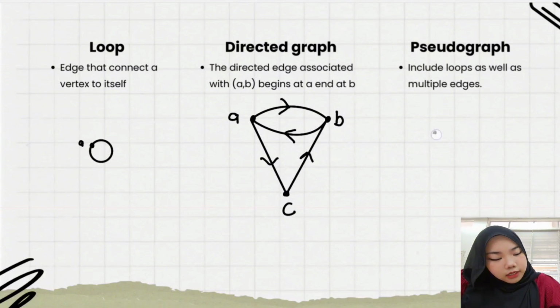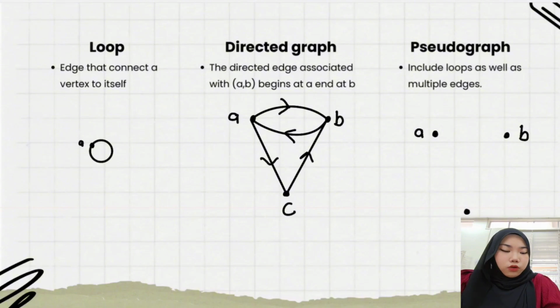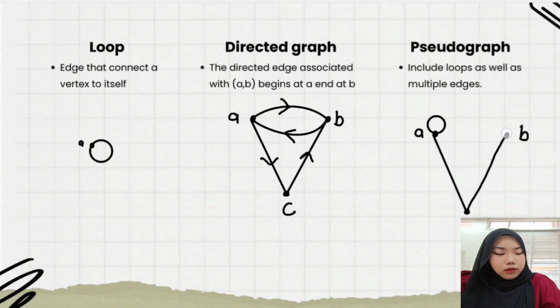If this is A and then B and then C, so include loops. Loops mean like the first one, the third one, like this is a loop, and then it needs multiple edges like this. So this is a pseudograph.